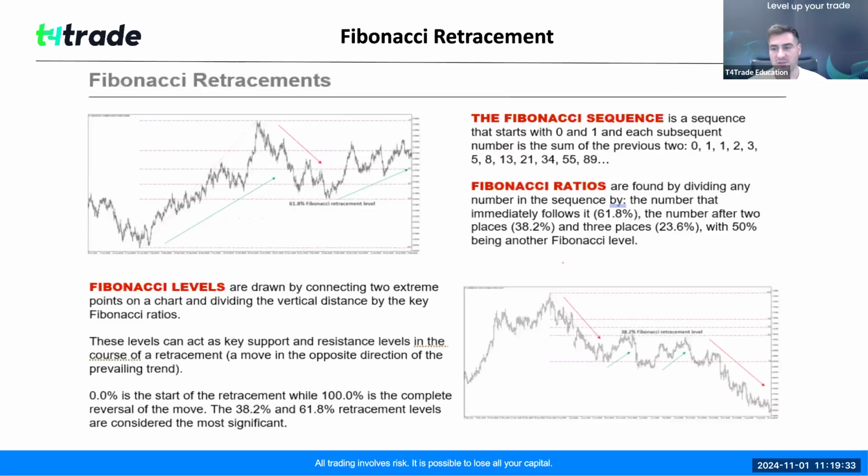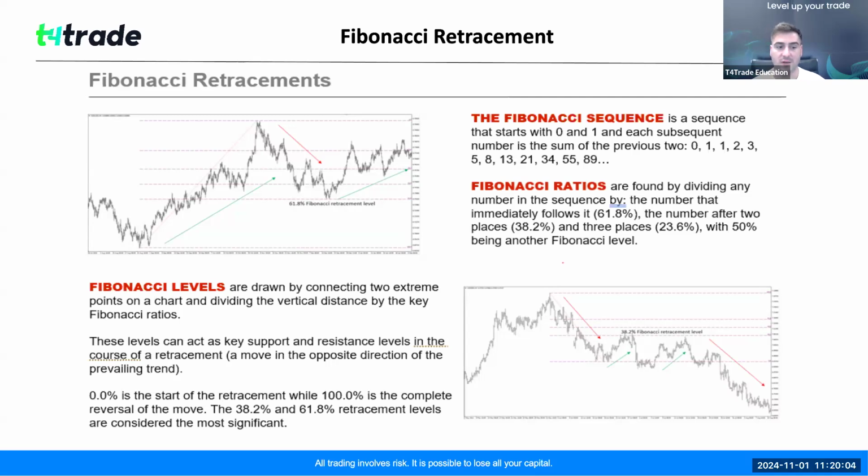So the Fibonacci sequence, as we just mentioned, has two starting components, 0 and 1, and you add each subsequent number to the one beforehand and you get a new number in the series, which goes on indefinitely. So the Fibonacci ratios, we just talked about them. Let's see how they are computed. They are found by dividing any number in the sequence by the number that immediately follows it.